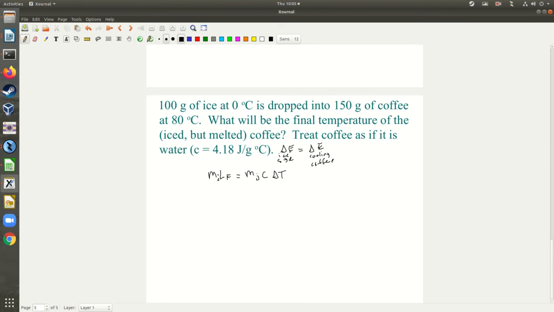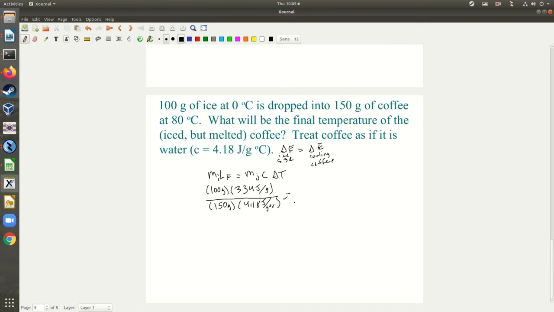I'm going to take my mass of ice, which is 100 grams, times 334 joules per gram. And then I divide that by my mass of coffee, which is 150 grams, times its specific heat, 4.18 joules per gram degree Celsius.